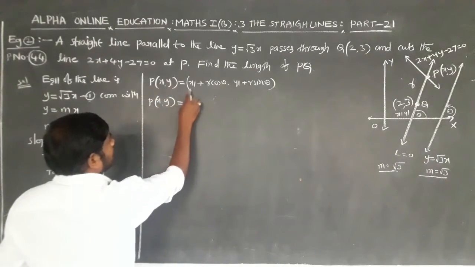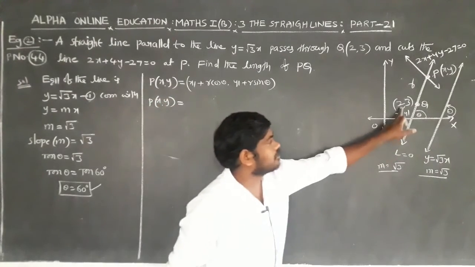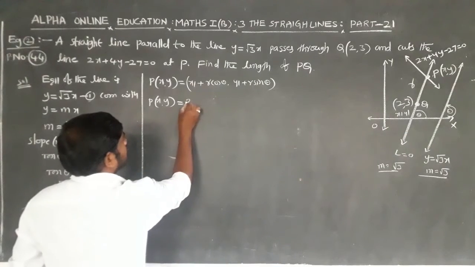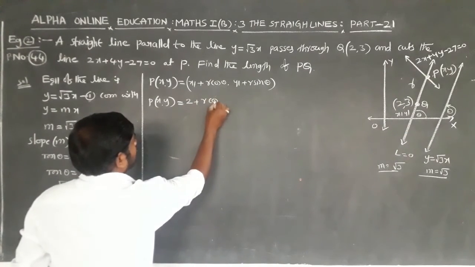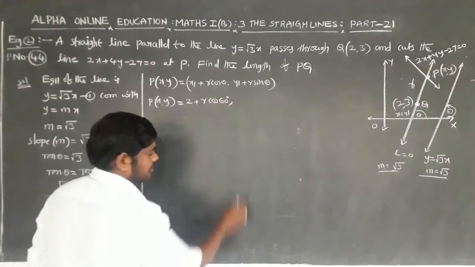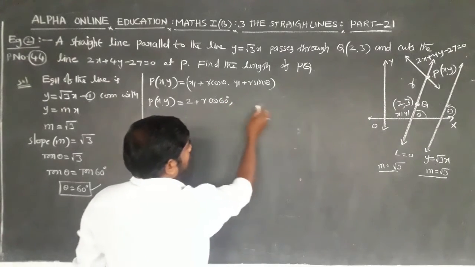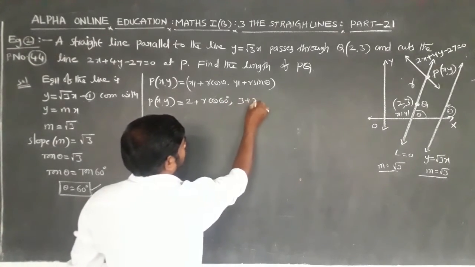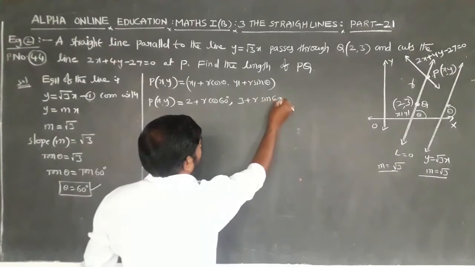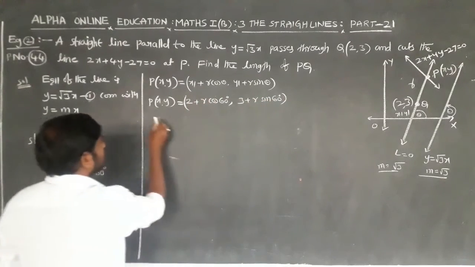P(x, y) is equal to, here x1 is equal to 2 plus r cos theta, cos 60 degrees, comma y1 equal to 3 plus r into sin theta, sin 60 degrees.